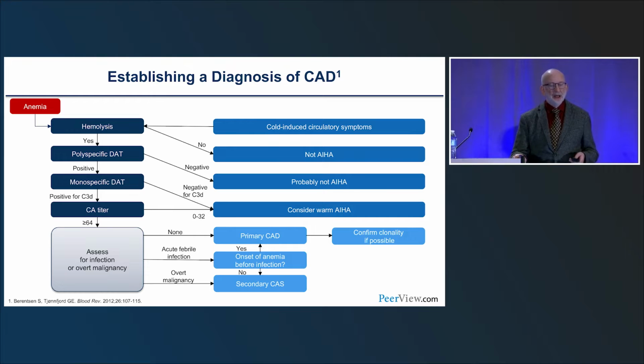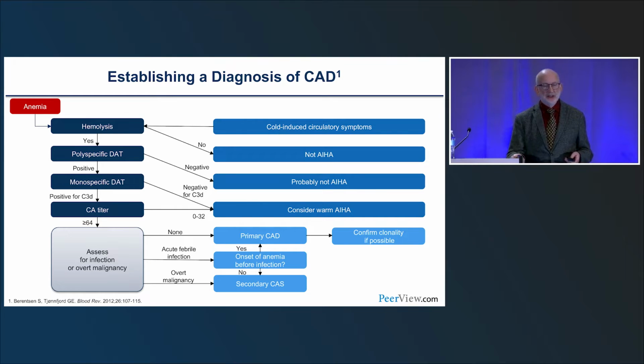And if the hemolytic markers, the LDH, bilirubin, often indirect bilirubin, and haptoglobin, and often retics, indicate hemolysis, you have to proceed with assessing any autoimmune cause of the anemia, of the hemolytic anemia. So the next step is the polyspecific, or so-called simple direct antiglobulin test, DAT, or Coombs test, if you like that better.